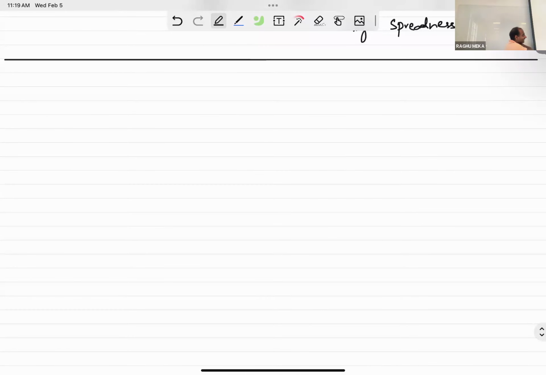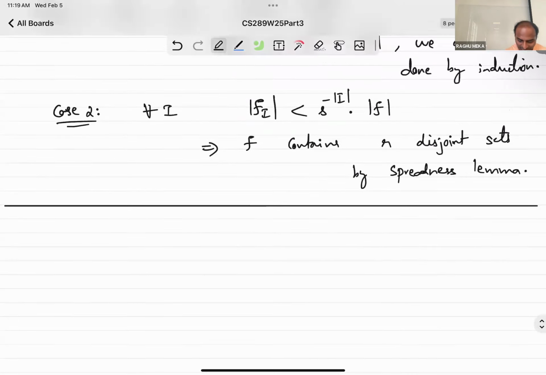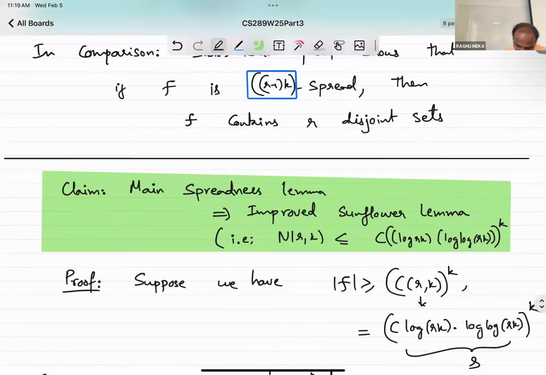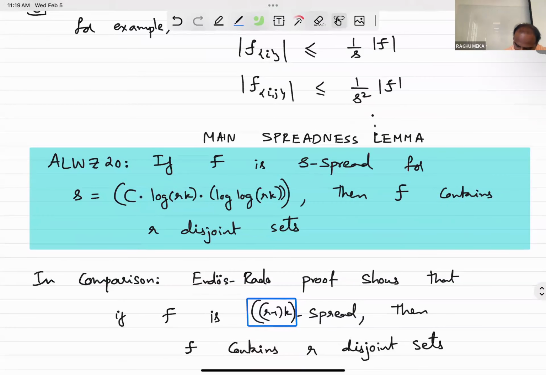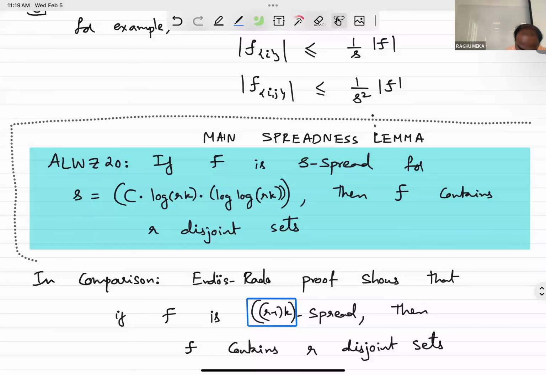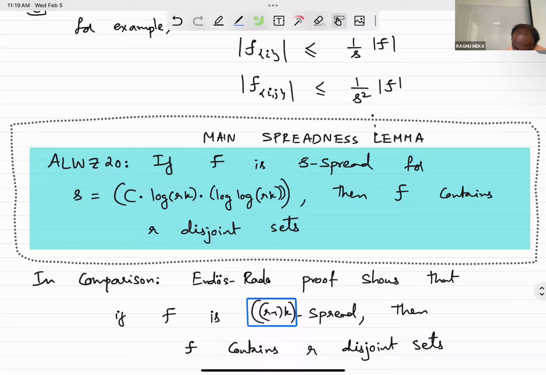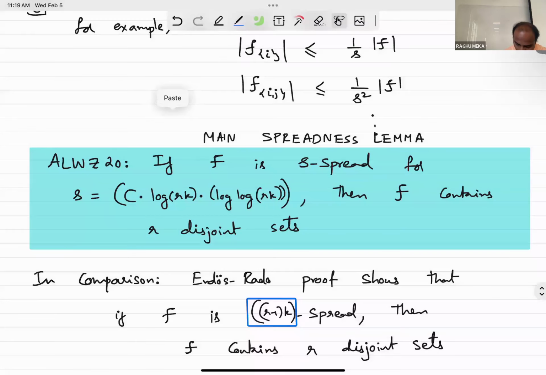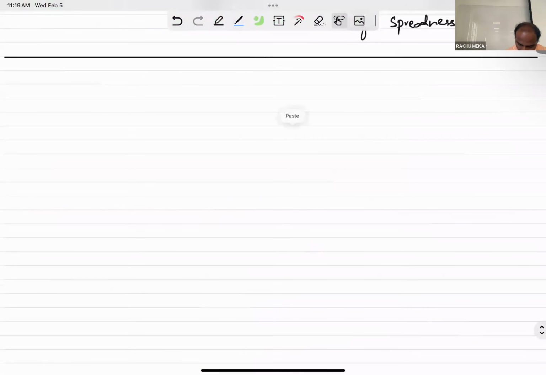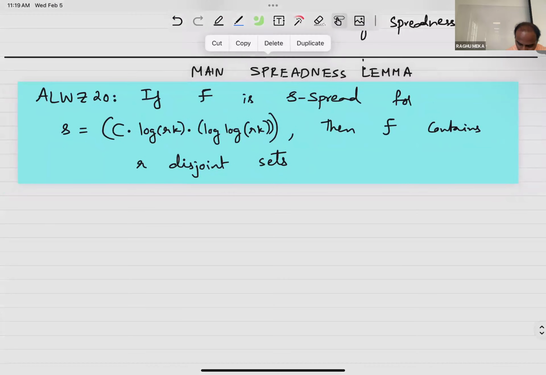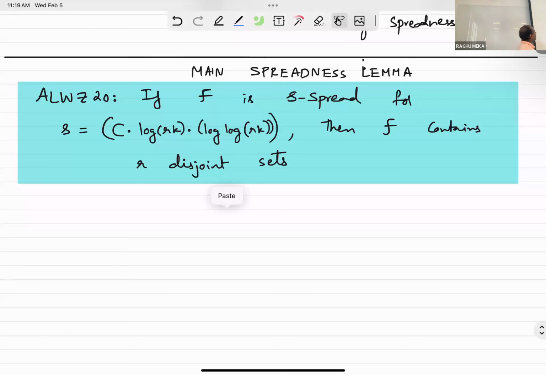And here's again a slightly, it's kind of a leap. So it's hard to motivate it, but I'll try and do it in some way. It's kind of a leap in the sense that we're trying to prove this lemma that if you have a spread family where spreadness is something like this, then you contain R disjoint sets.